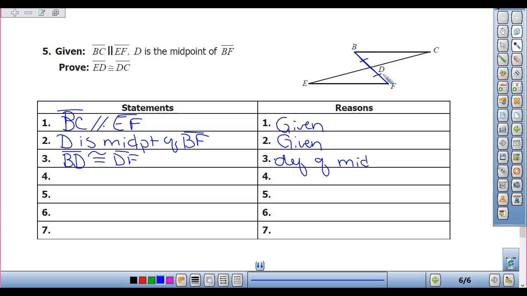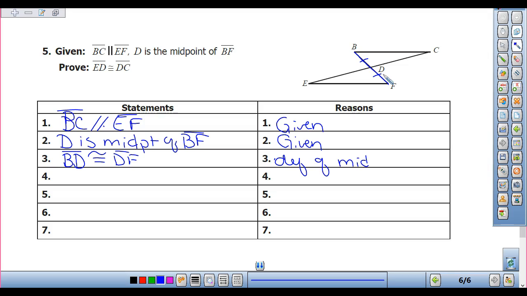Now what do you want to say? We've got a couple different options we can use here. We don't have any corresponding angles, but ED and BC? No, we can't say anything about those because it doesn't say that it's the midpoint of BC. So we don't know if it's that midpoint.